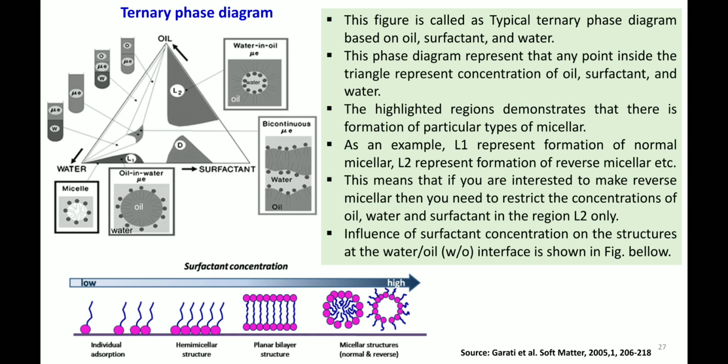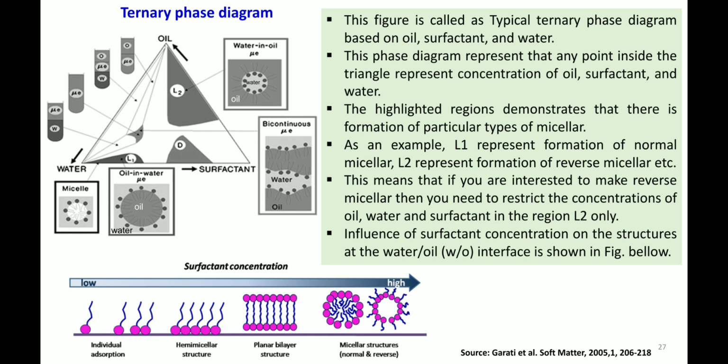If you slightly increase the concentration of surfactant, you realize that there is a hemi-micellar structure. If you further increase the concentration of surfactant, a planar bilayer structure is formed. All these are examples of self-assembly. If the concentration is sufficiently high, then what you get is a micellar structure, and depending upon the concentration of oil and water, there is a formation of normal micelles or reverse micelles.